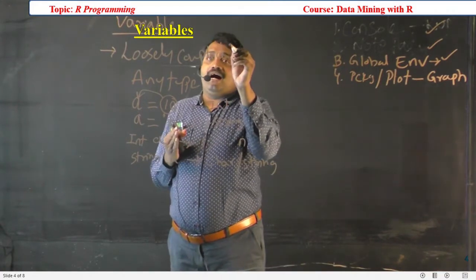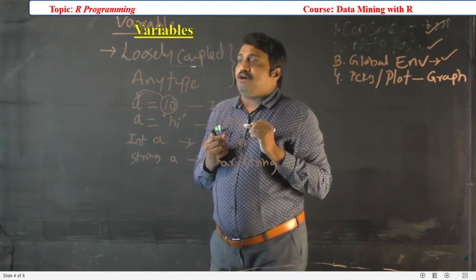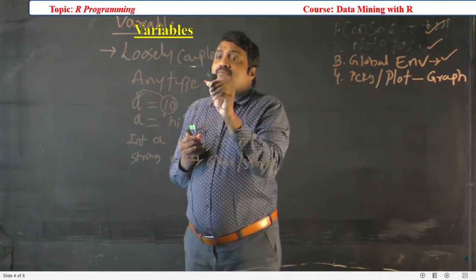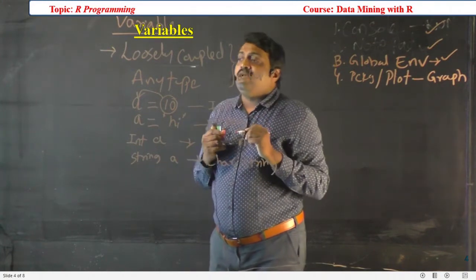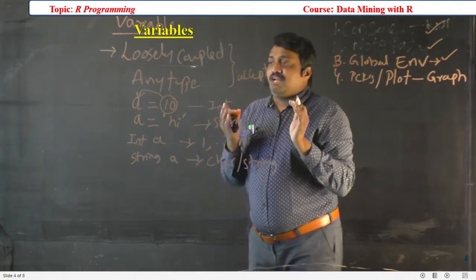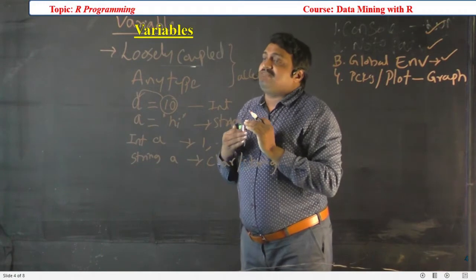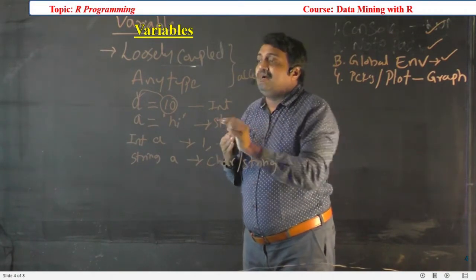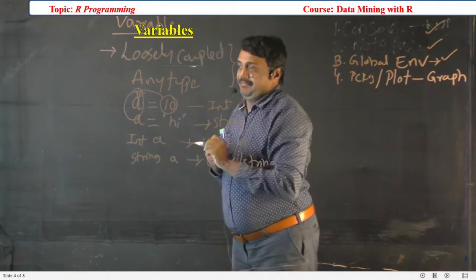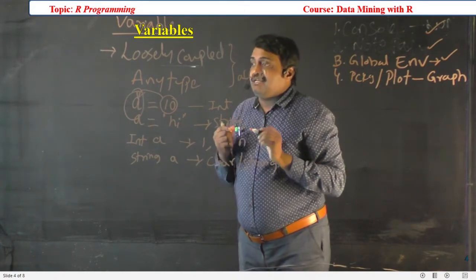Whereas in R, it is loosely coupled and any type can be accepted. At any instant we can store any value in a particular variable, and based on the value you pass, it will be updated in your variable a. That is an advantage in R.